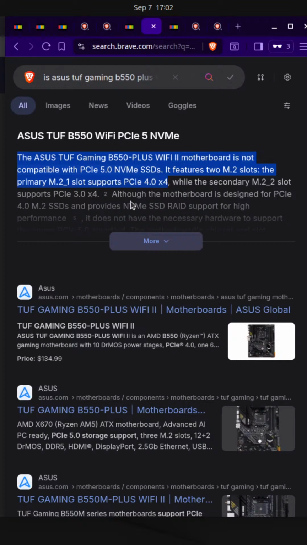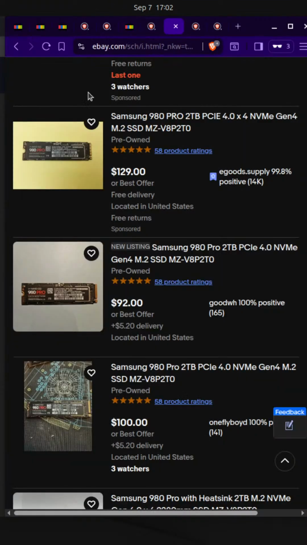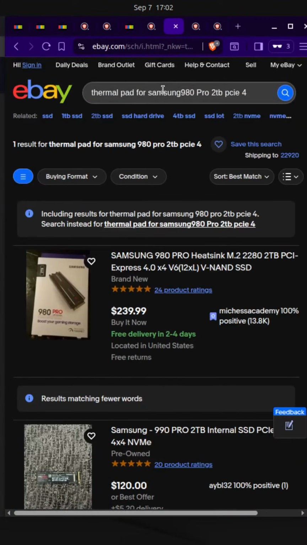It's not compatible. Alright, well, what did I get? What did I bid on? PCIe 4. Okay, so I'm looking for PCIe 4 and PCIe 4 heatsink.